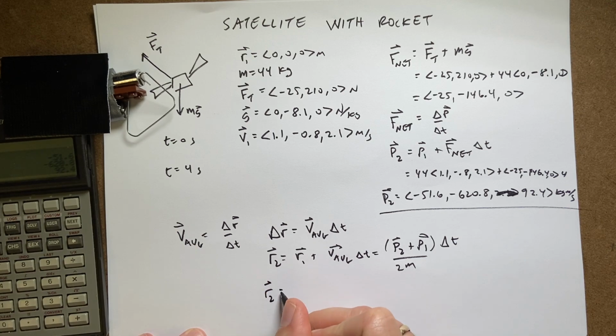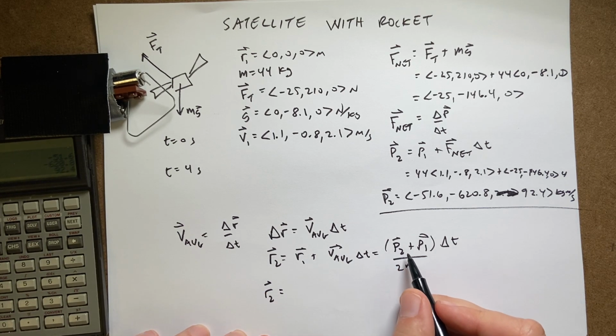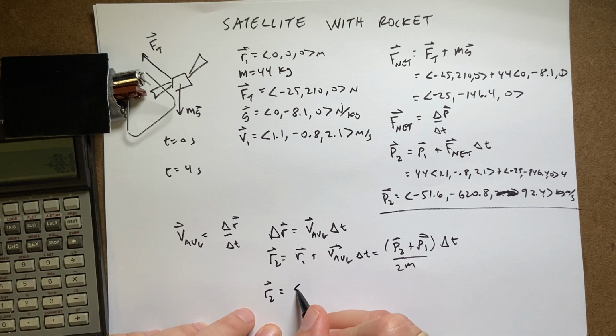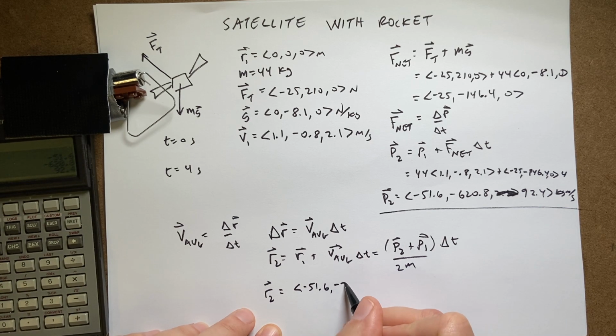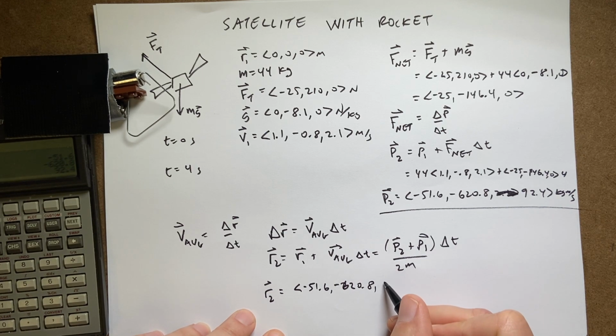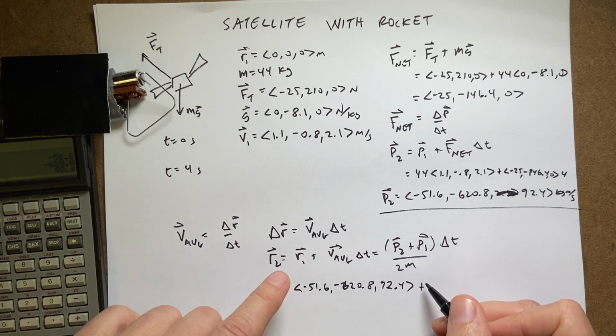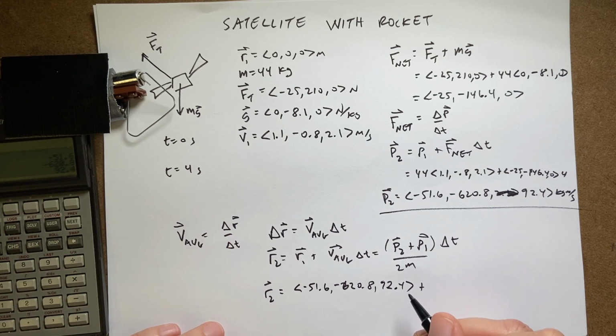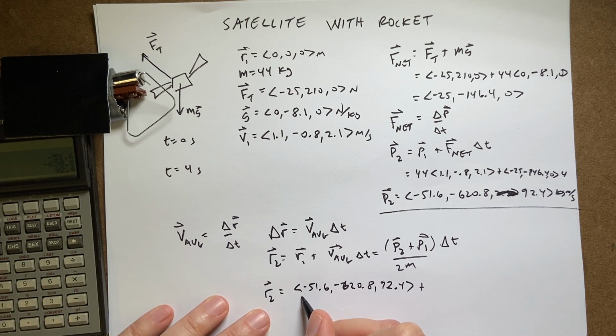So R2 is going to be equal to P2, which is this, negative 51.6, negative 620.8, 92.4, plus the initial momentum, which I actually never calculated. So let me just put this as divide by the mass.